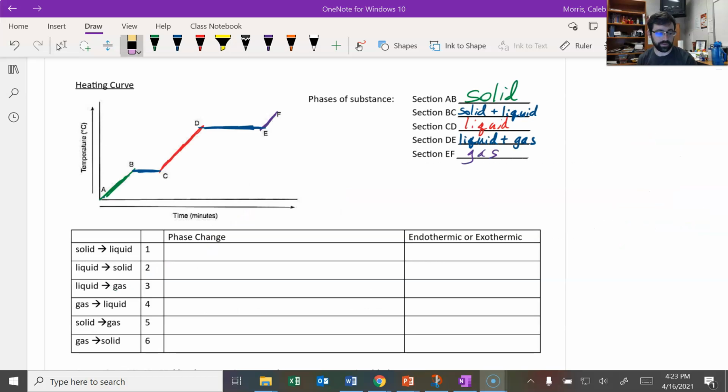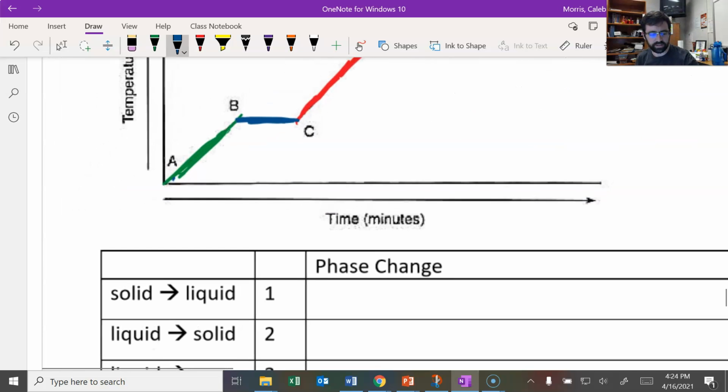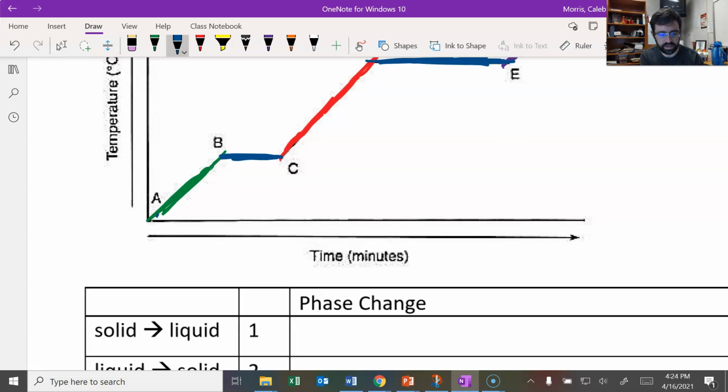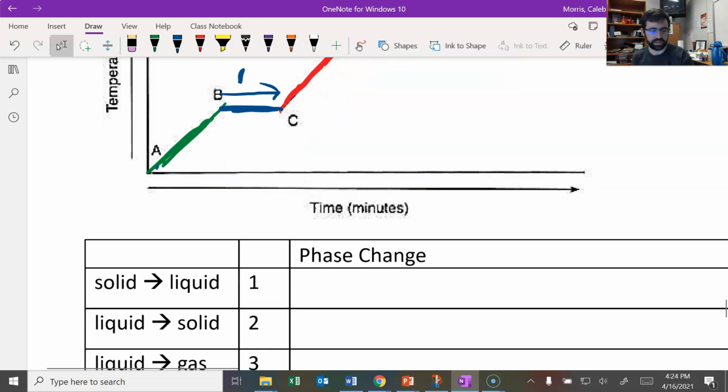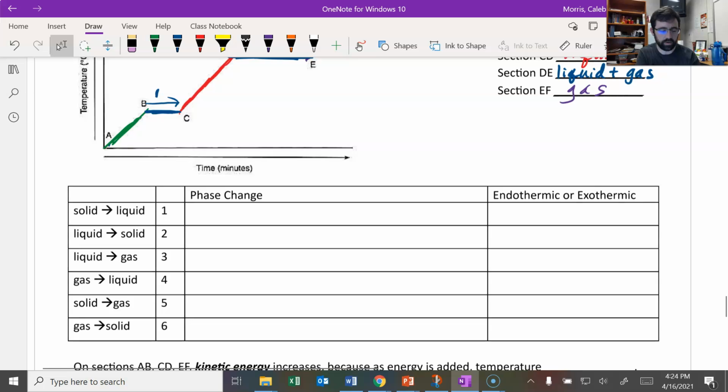So let's talk about those phase changes. I want to label them. The solid to liquid phase change would be right here from B to C. Let's number that as 1. Okay, so phase change 1, going from solid to liquid, we know that's called melting.